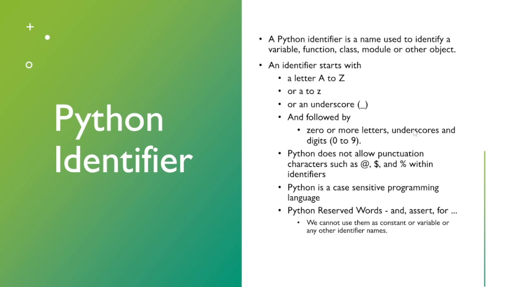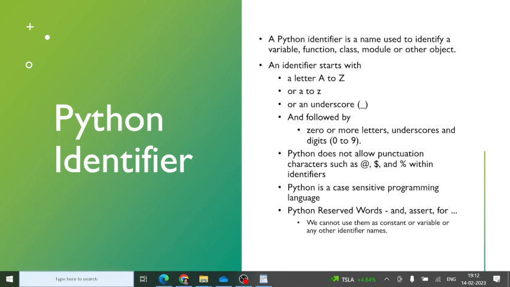The next rule is that we cannot use punctuation marks like ampersand, dollar or percent sign. Python is a case sensitive programming language, which means a capital letter variable and a small letter variable are considered distinct. Then there are some reserved words which we cannot use in Python. So let's see some examples.